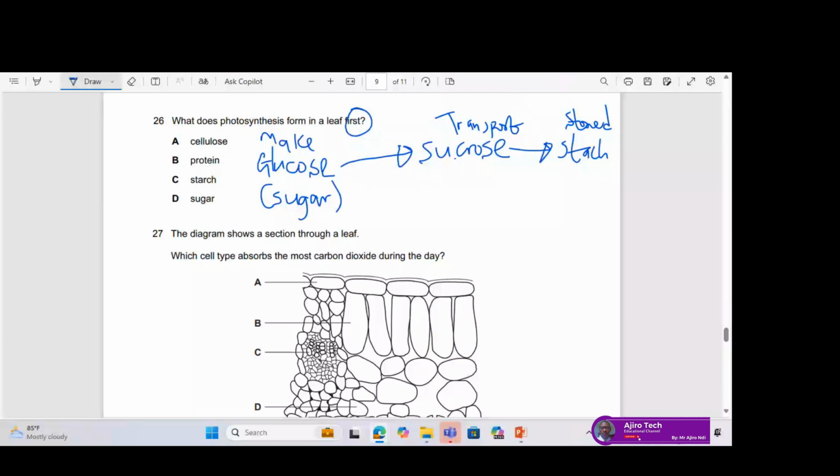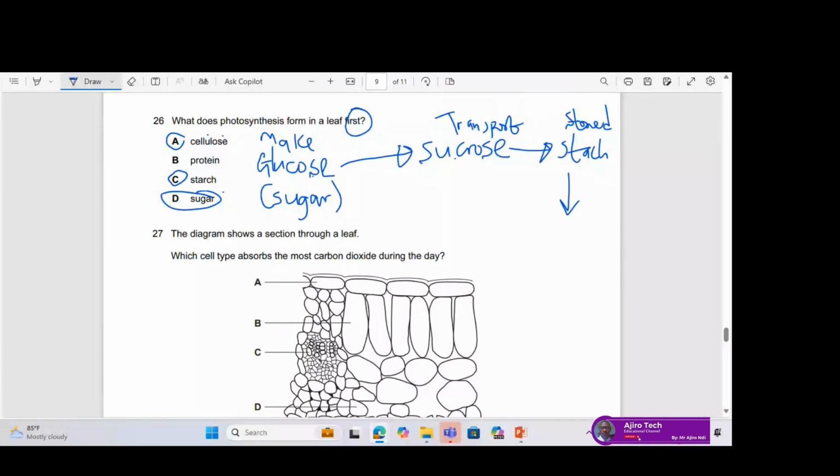Sugar. All right. This cellulose and starch, they are actually sugars, but they are complex sugars. And that's not the first thing that is produced during photosynthesis. So the sugar that is produced is glucose. This is only to confuse you, okay? Cellulose is what they use to make their cell wall.